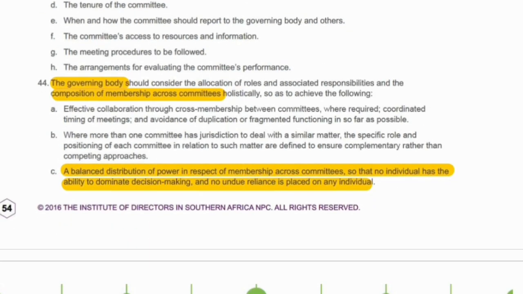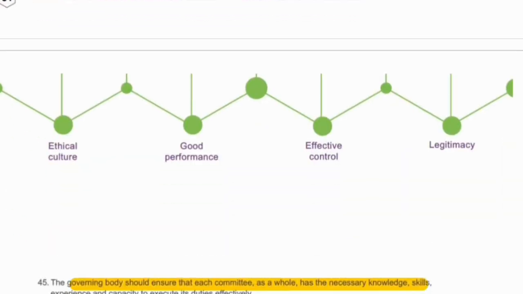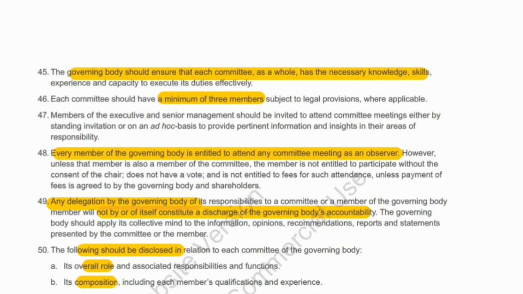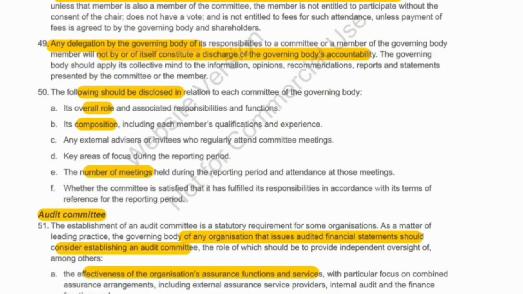They then go into the composition of your committees, saying making sure that the people have the knowledge and roles to be able to do so, and there should also be a balanced distribution of your committees. So you shouldn't have all the same directors on all your committees. You should actually monitor that. They must have the necessary skill and at least 3 members each. And then, just to note that even if the board delegates, they will still be responsible.